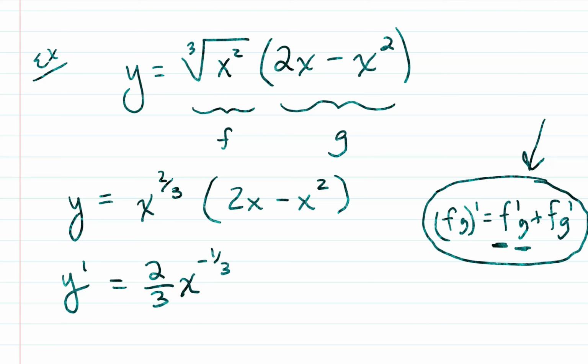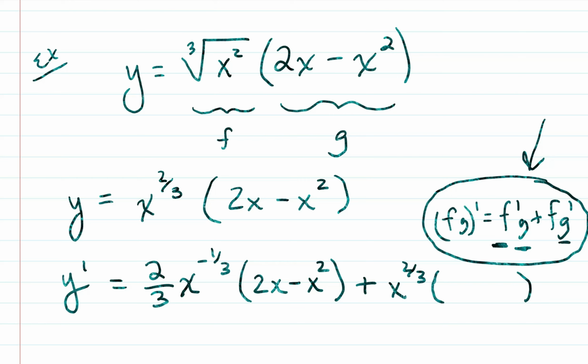So now it says multiply times the other function, which is 2x minus x squared. And then the product rule says to go ahead and add that to that first function, now x to the 2/3, and multiply times the derivative of the second function.